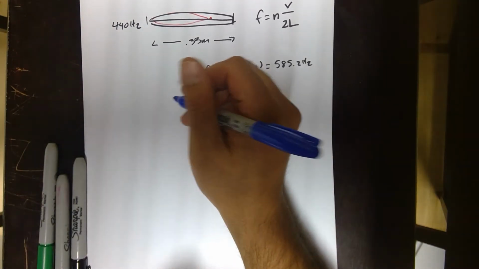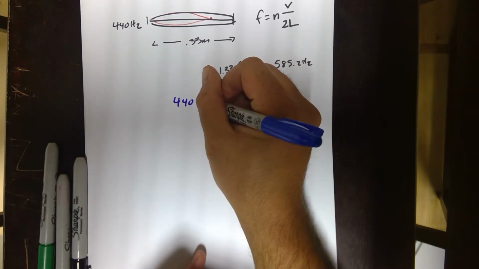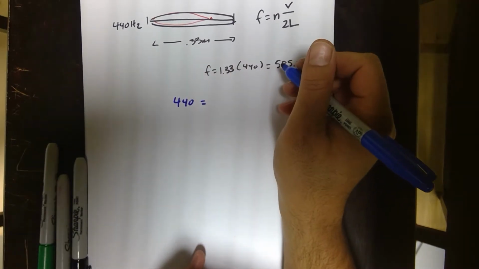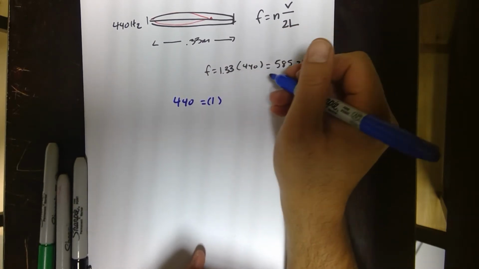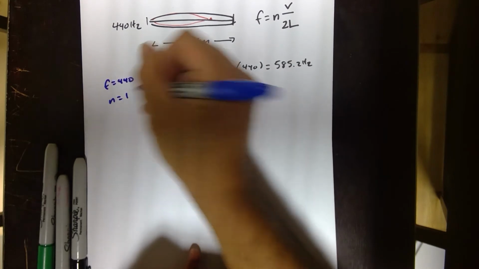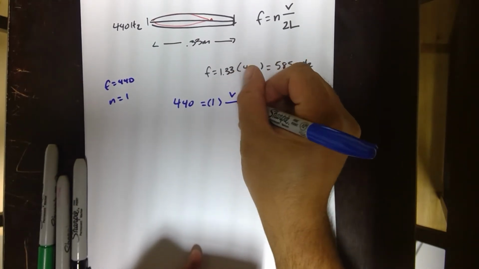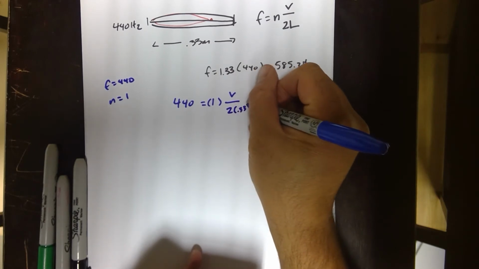So initially, we have our first note being 440, the fundamental frequency. That is first harmonic, so n is equal to 1 here. So you got f equaling 440, n equaling 1. V is unknown. The length of the string is 2 times 0.33.